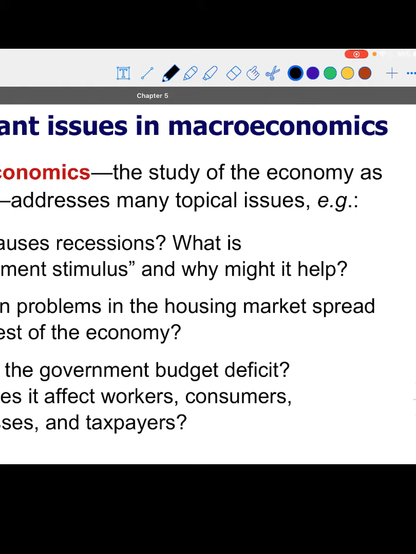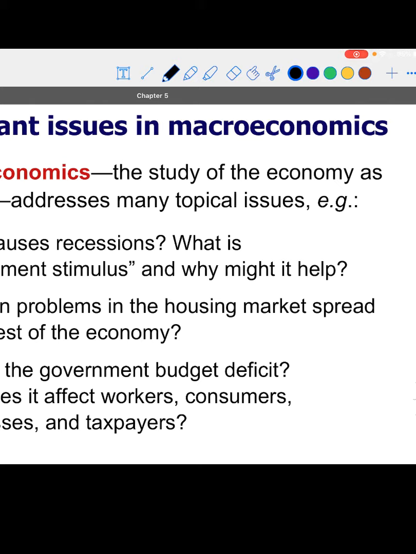But again, it's talking about, for the most part, the economy as a whole. It's probably the kind of economics you hear about most often in the news. It would be the kind of economics that investors think about most often when they're thinking about stocks.